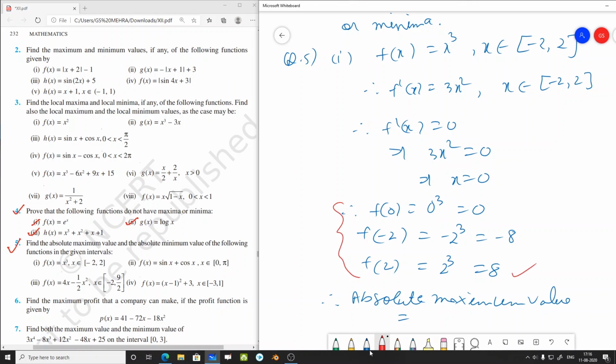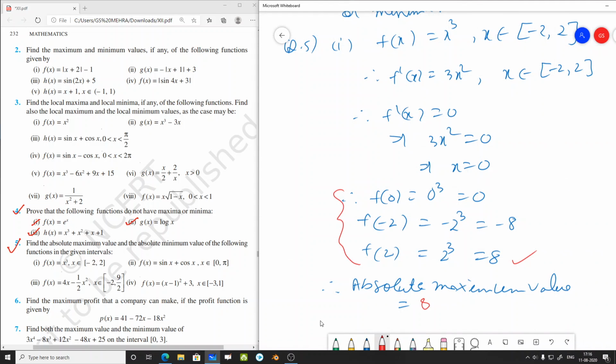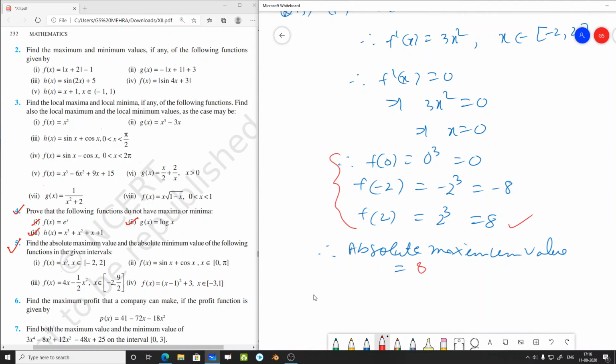So absolute maximum value will be 8, and the point at which it occurs is 2. Absolute maximum value equal to 8 and it occurs at x equal to 2. Similarly, we can say about the absolute minimum value.